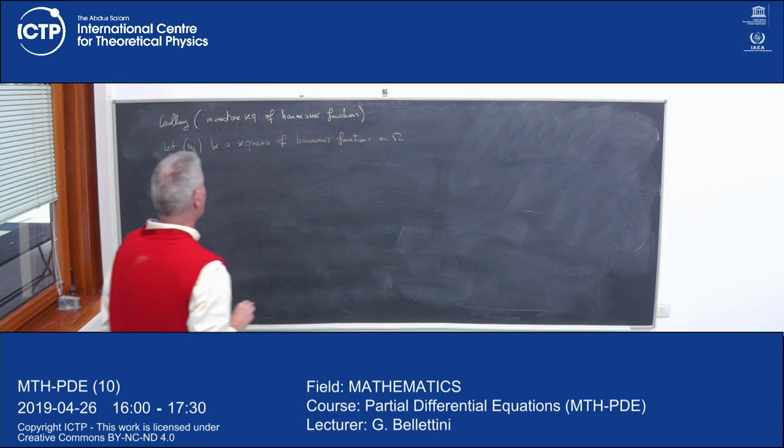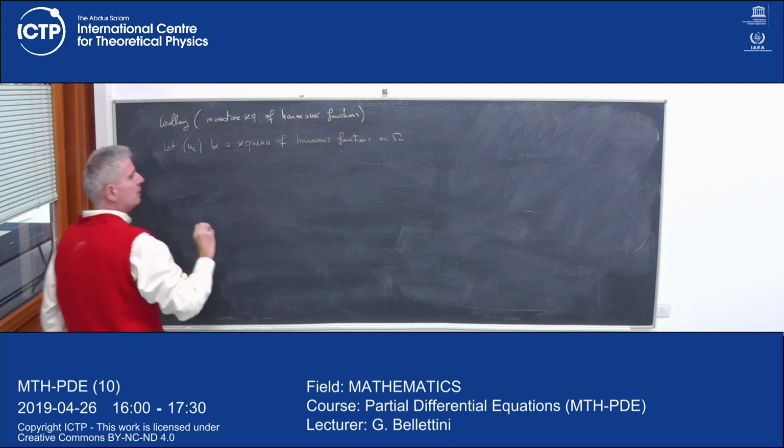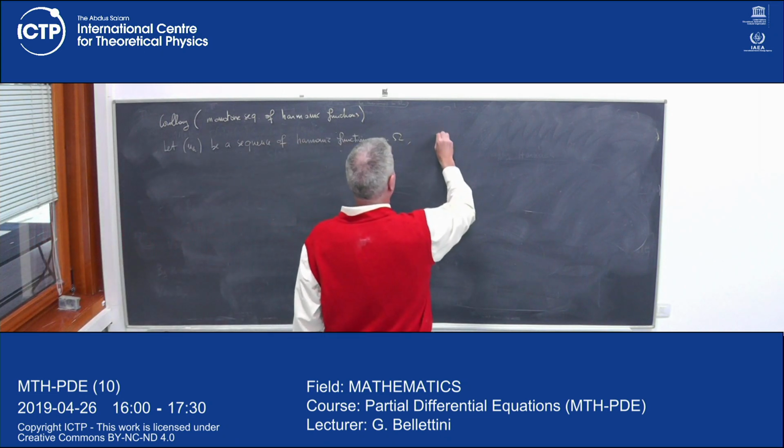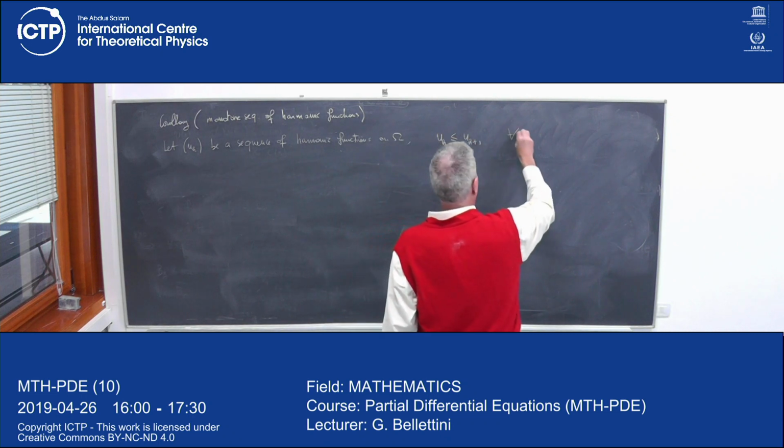In omega. Take a point. Suppose that it is monotone, so u_h less than or equal to u_{h+1}.